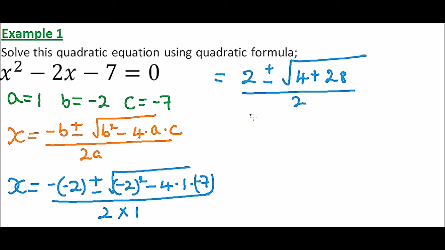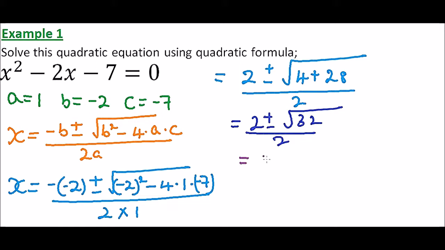From there, we now have x equals 2 plus or minus the square root of 32, all divided by 2. You get the square root of 32, which is 5.66 using a calculator.